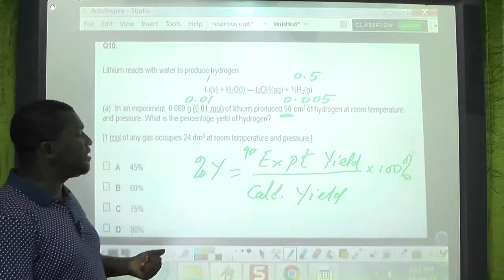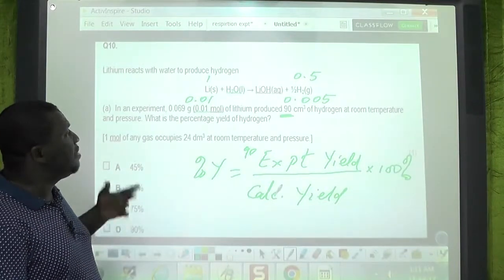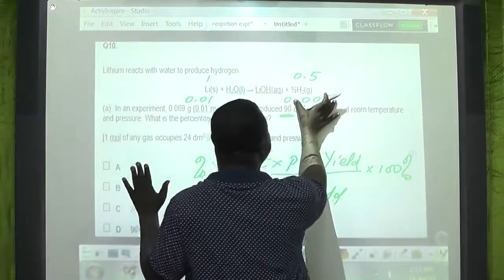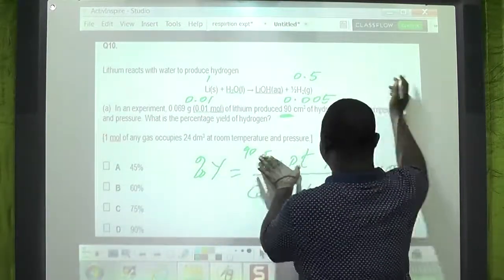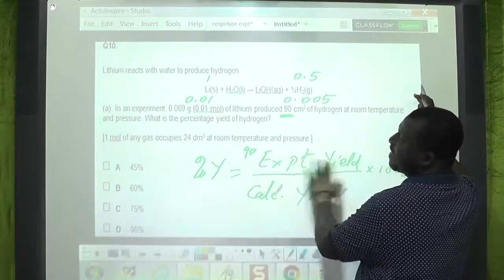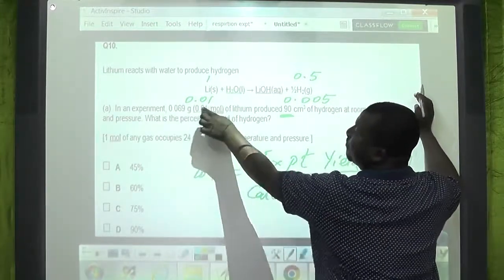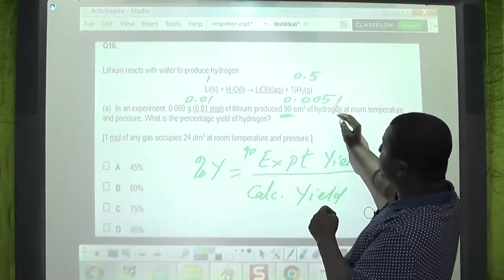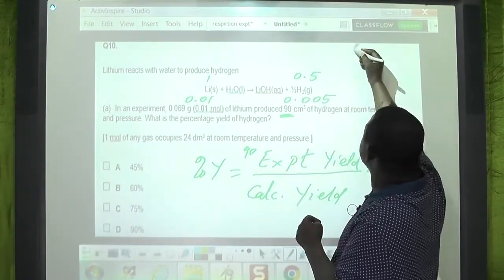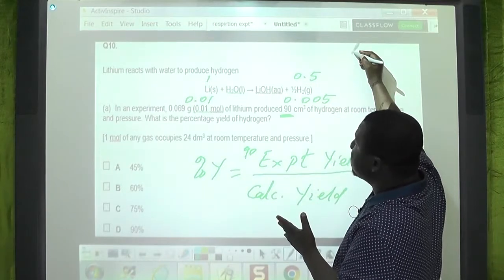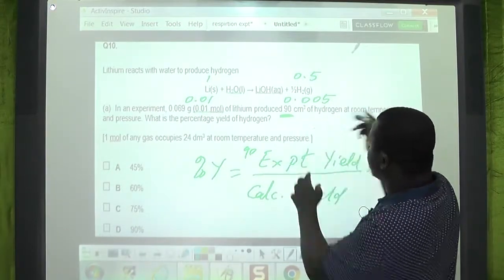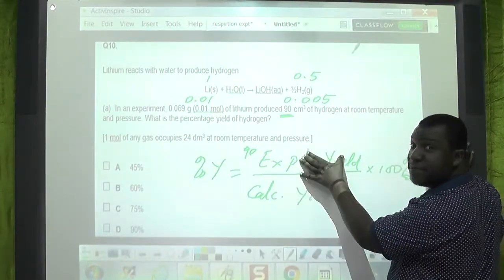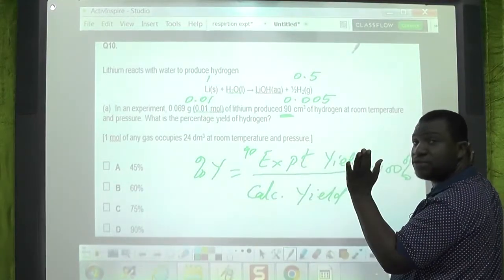So how do we then calculate the calculated yield? For the calculated yield, we're looking for the number of mole from our calculation. We know this is the number of mole, but this has to be in volume. The experimental yield, we got it in cm cube already. They have helped us here. We don't need to convert it. It may be in grams or in volume, depending on what you are talking about.